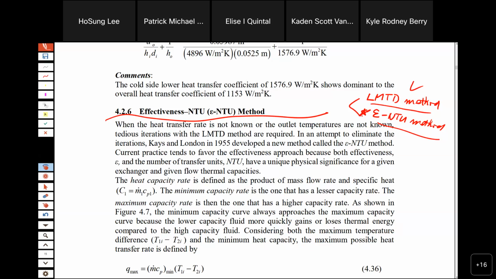That's why the Professors Kays and London at Stanford, I think in 1955, developed this, and since then it is real good.